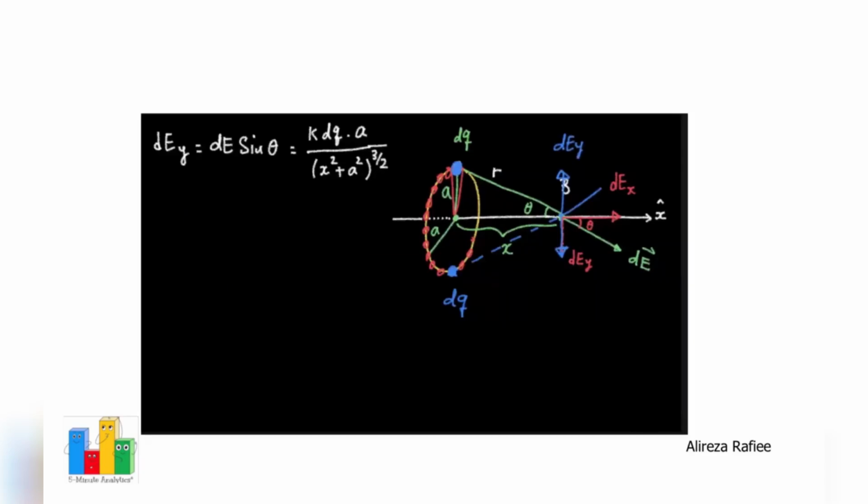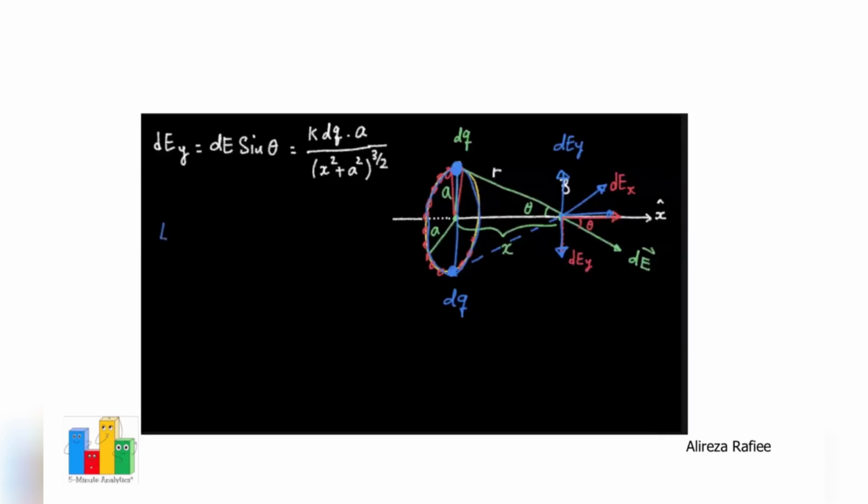Now, for the x component, they just add together. But for the y component, they cancel out. So you can start from this point and claim that there is an axis you can define where, when you calculate the dE sub y for this left side, there will be a counterpart on the right side, which creates a dE sub y exactly opposite, and they cancel out.